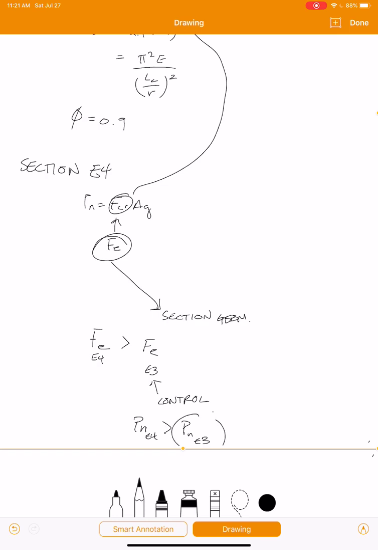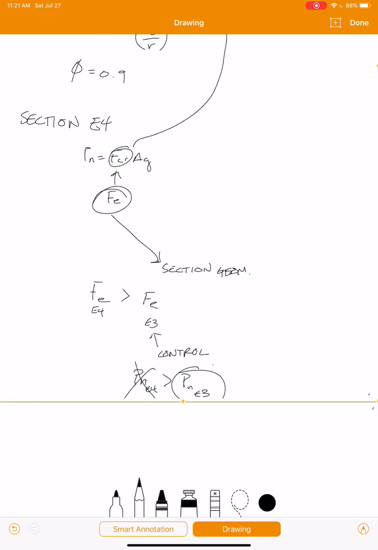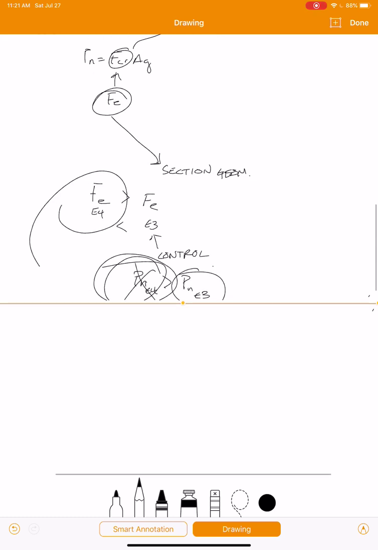And so you know that this one is going to control anyway, so you don't need to calculate that one. Just to point that out. However, if your Fe from E4 ends up being less than your Fe from E3, you know that this one's going to control, so you've got to finish calculating out your Pn, and that's going to be your design compression strength of that section.